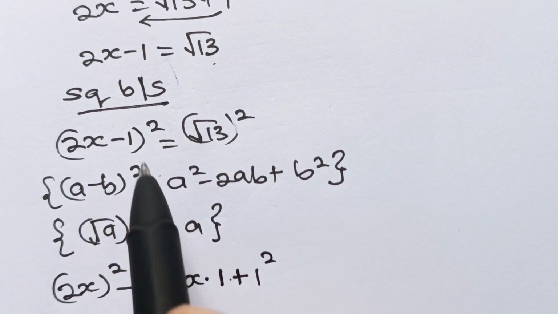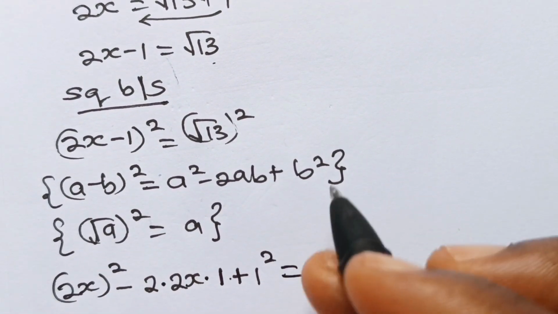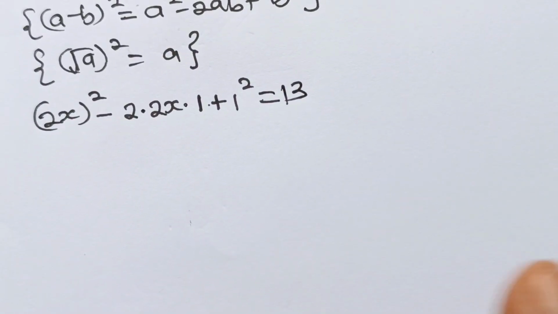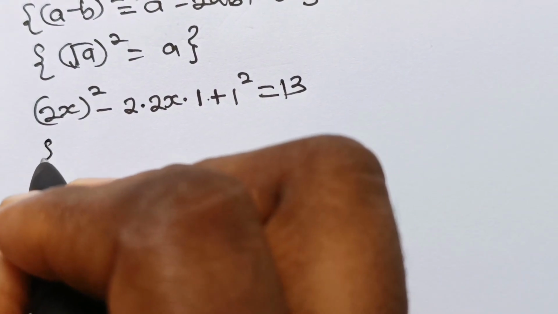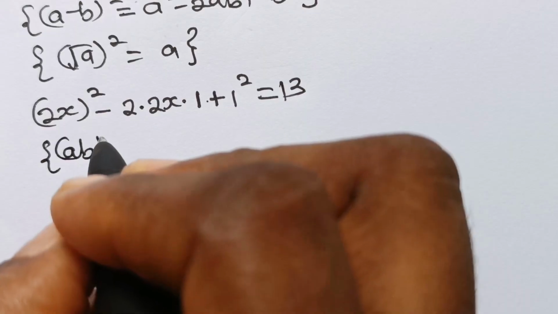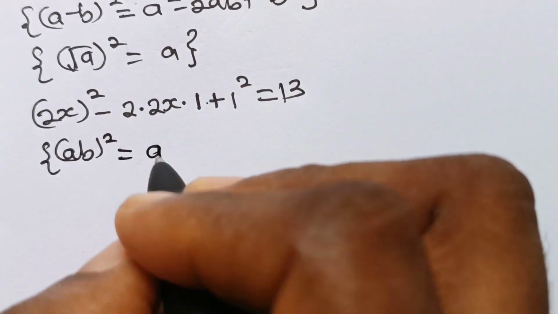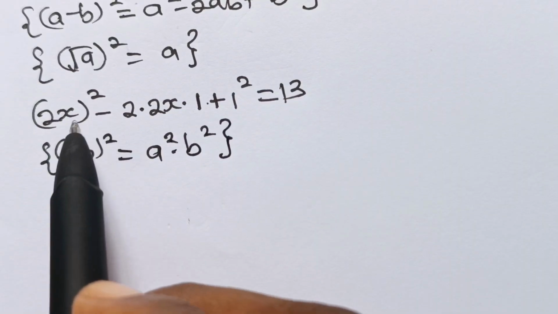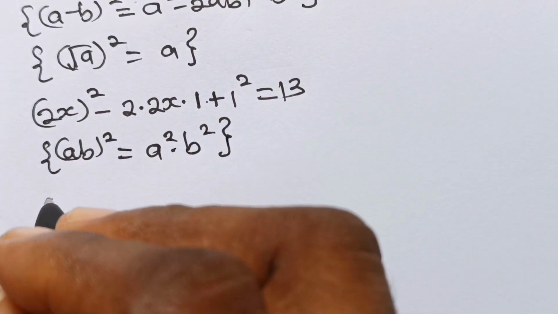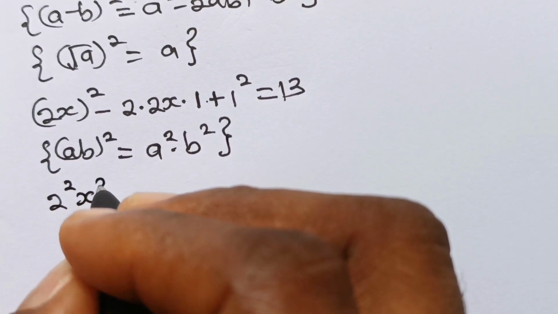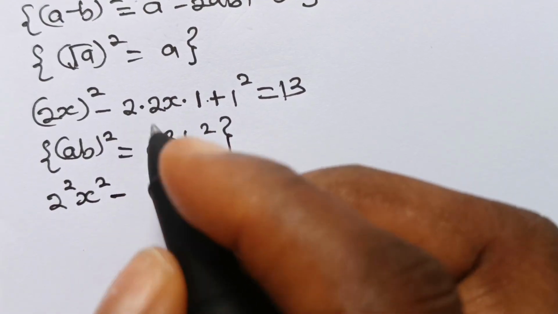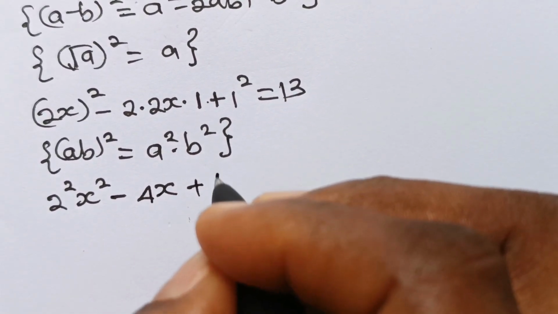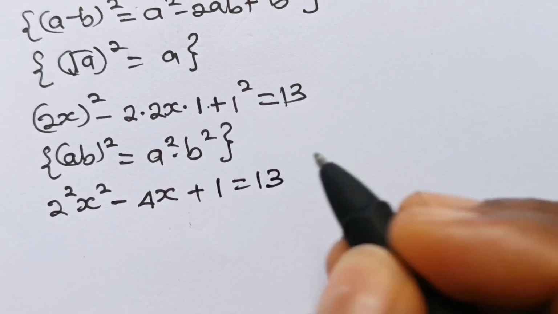Okay, that is it for this. Is equal to, then this becomes 13. So remember that (AB) raised to the power of 2 is equal to A to the power of 2 multiplied by B to the power of 2. So (2x) to the power of 2 will become 2 squared multiplied by x squared, minus 2 times 2 is 4, so we have 4x, plus 1 squared is 1, is equal to 13.